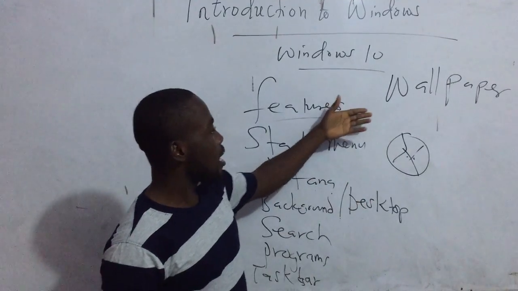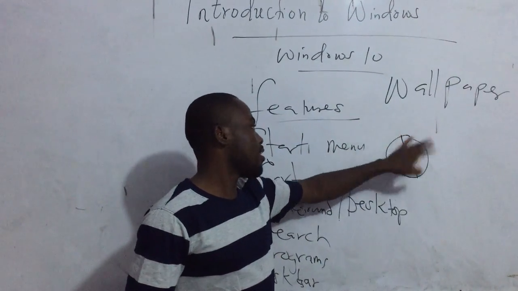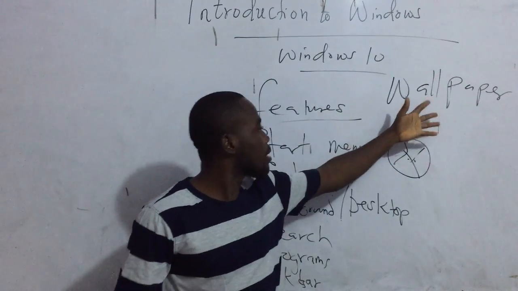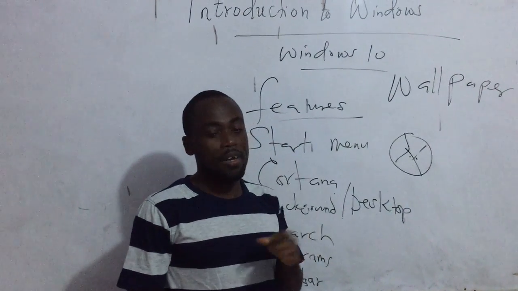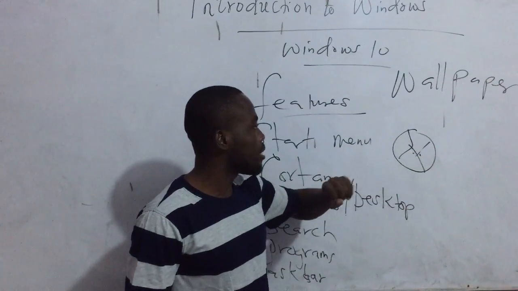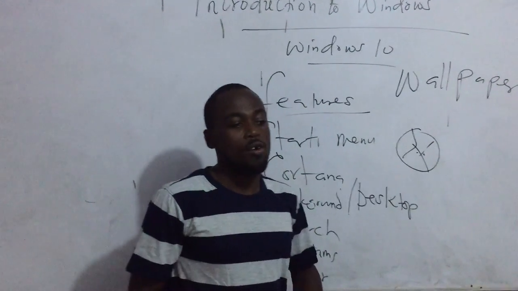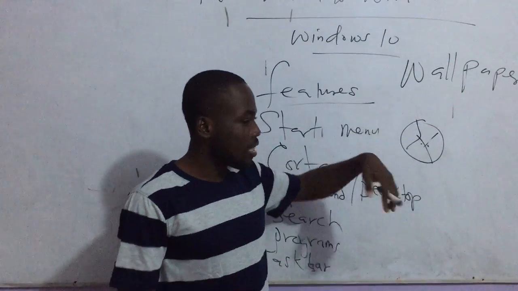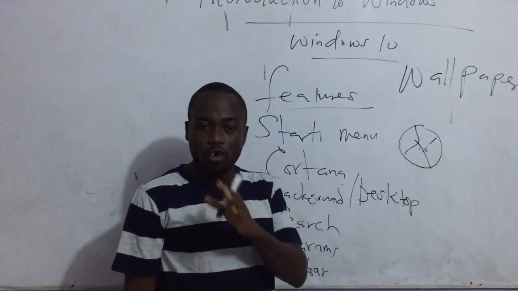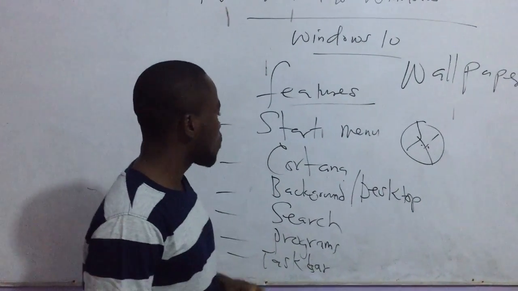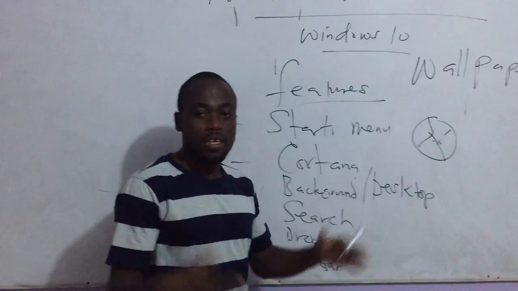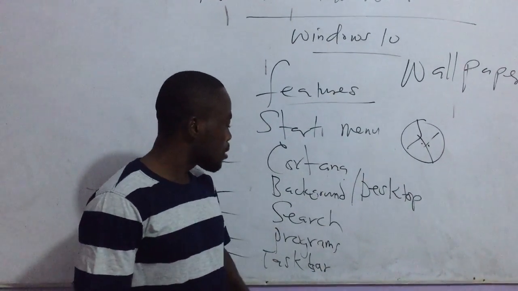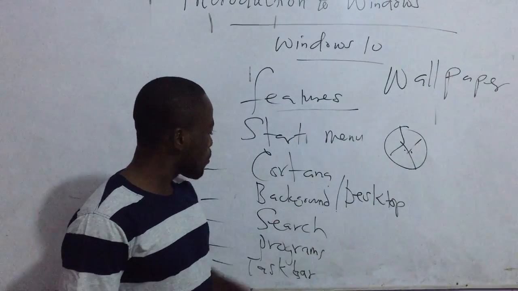It is advisable, according to ergonomics experts, that we always cover our plain desktop with a wallpaper so that the plain color will not affect our sight. So the wallpaper is a graphic used to replace the default background of the desktop, and the desktop is the plain area that displays your folders, your programs, and your icons.